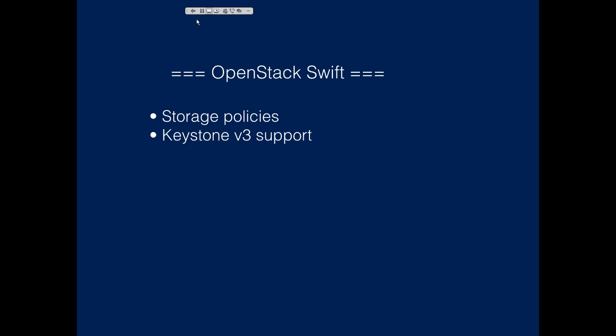With the introduction of storage policies, it is now possible to choose different levels of replication and different types of storage, such as fast SSDs or slower spinning disks based on performance and cost requirements, and also to store data in specific data centers or regions, which might be required by local laws. And there is also Keystone V3 API support in Swift. So that was all in Swift.